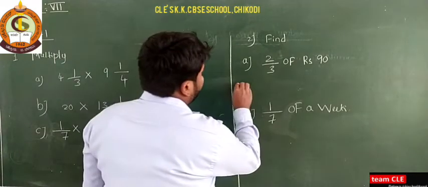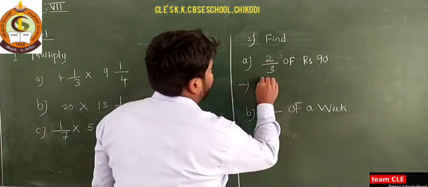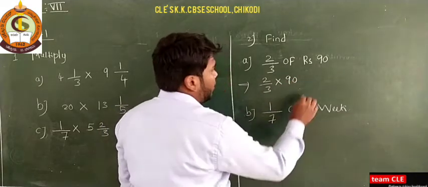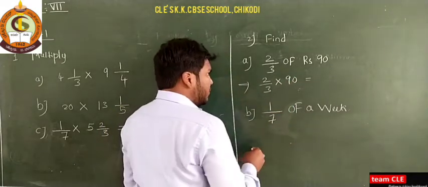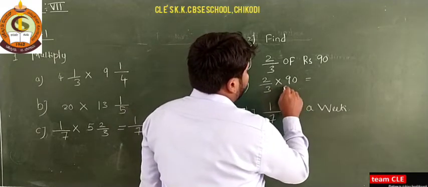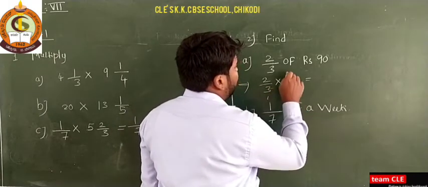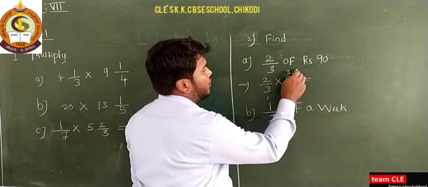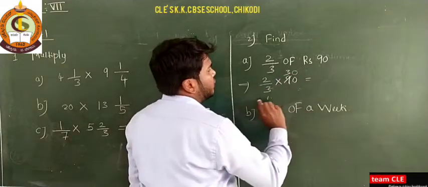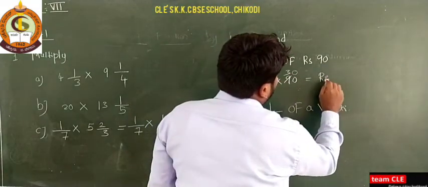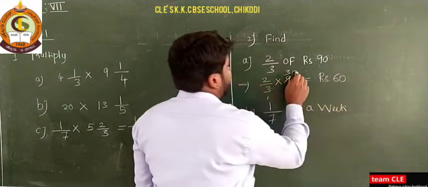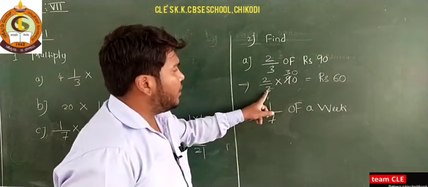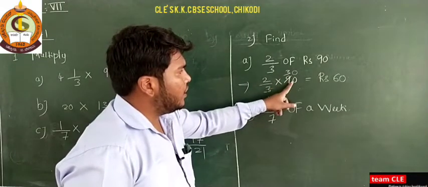Now next one I am going to solve, that is 2 by 3 of rupees 90. Here 'of' means into, which equals 90. Okay, so first 90 divided by 3, 3 30s is 90.